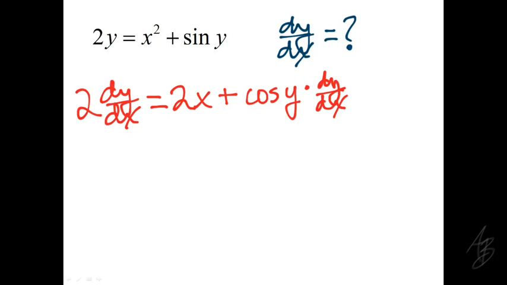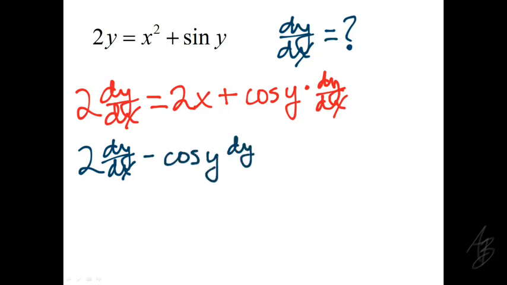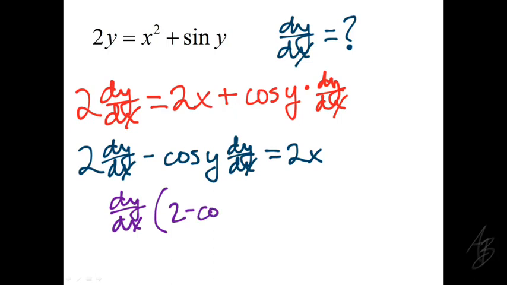Again, we want to collect all the terms with dy/dx in them on one side, so we have 2 dy/dx minus cosine of y dy/dx is equal to 2x, and factoring out the dy/dx, we get dy/dx times the quantity 2 minus cosine of y is equal to 2x.